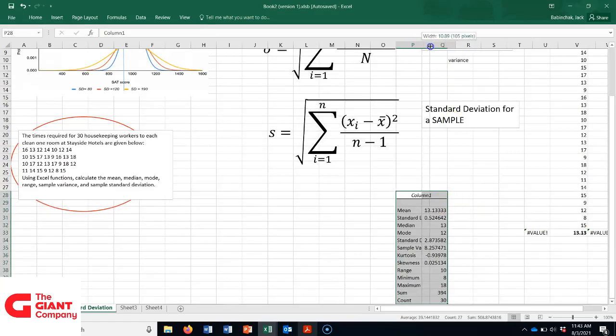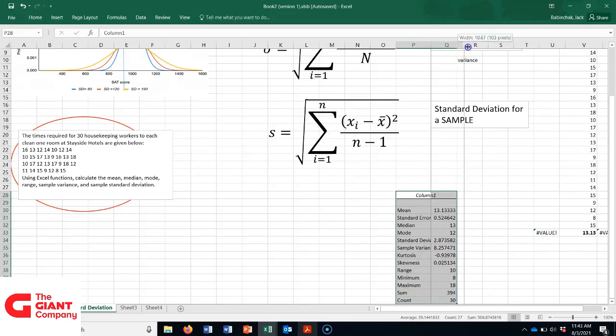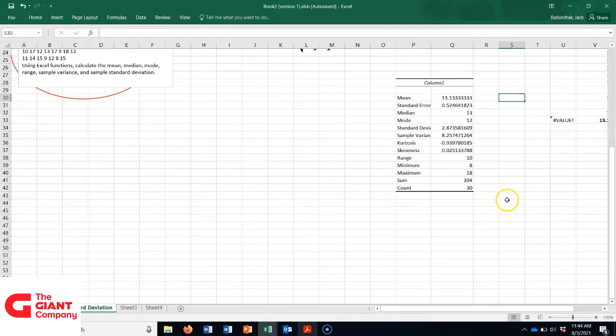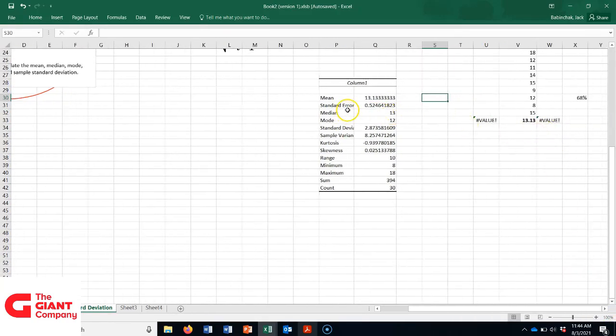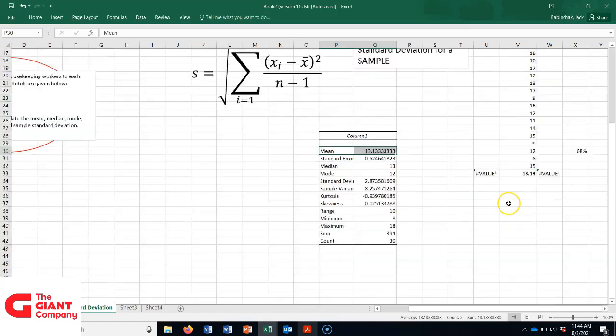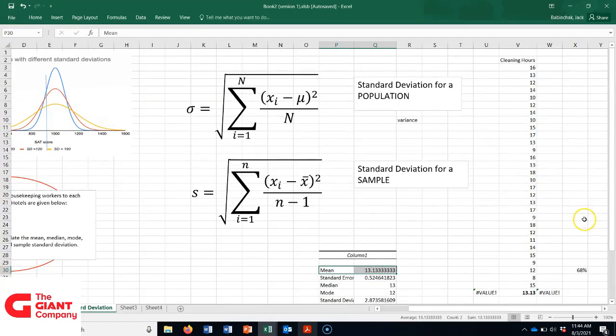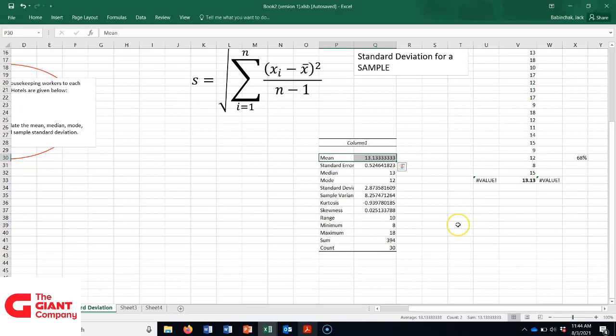This is our summary statistics here. It gives us our mean, which we knew. It gives us our median, our mode, our standard deviation, which we said was 2.87, the range of numbers, the sum, and the count, which is 30. We know that. So just from this, we can get our mean and our standard deviation and some of this other information that we might find useful instead of just getting the number itself.